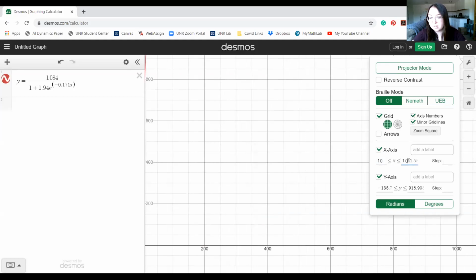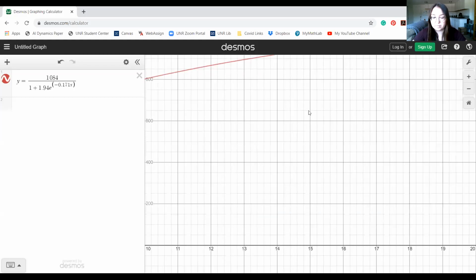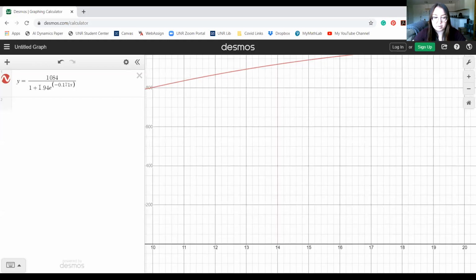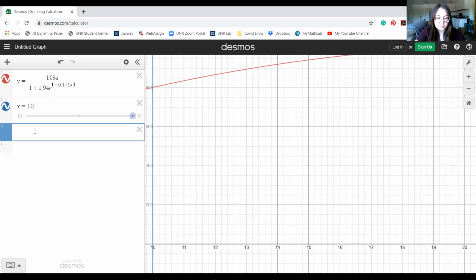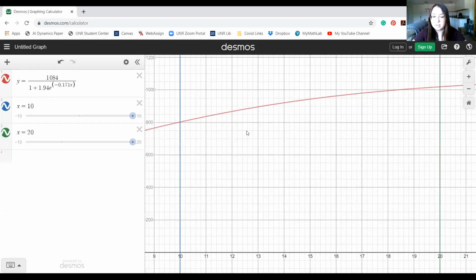We're going to say 10 to 20, and we can zoom out just a little bit. Maybe we can create lines just so we know where they are, so we can say x equals 10 and x equals 20. Our graph automatically adjusts so that we get a good image between 10 and 20, and we see that it is still growing.